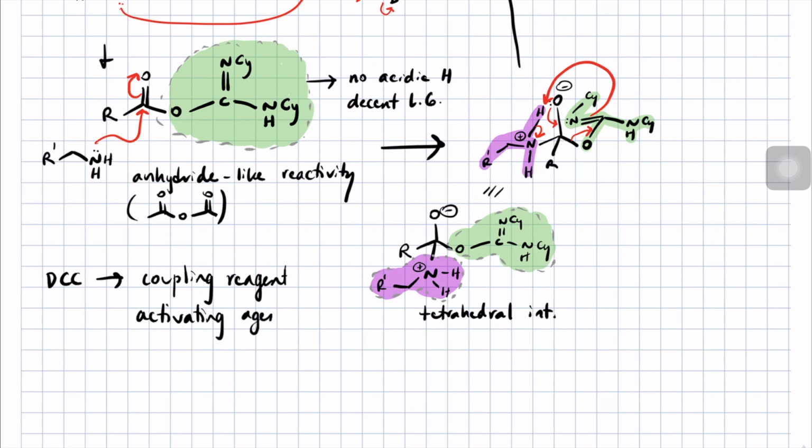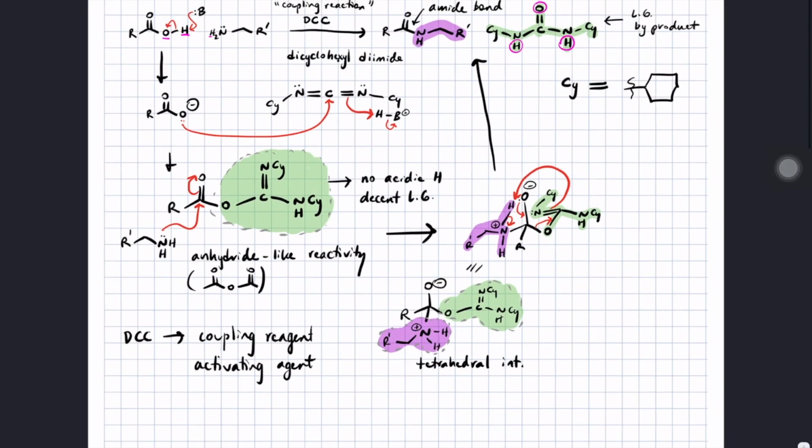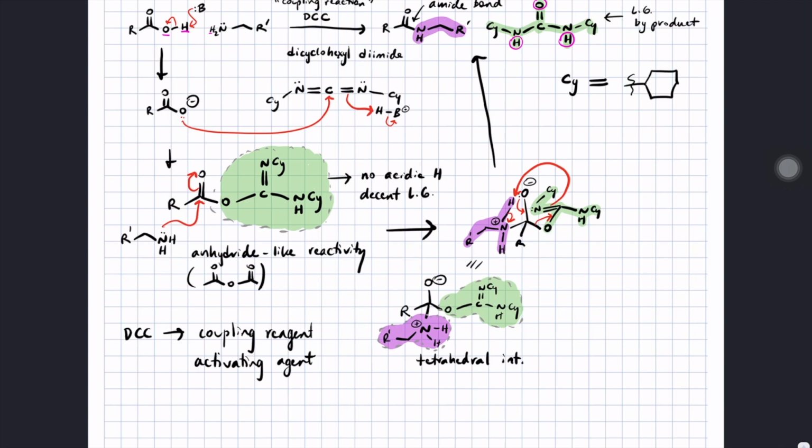It turns the carboxylic acid from something that wasn't very reactive into something that has anhydride-like reactivity, and is electrophilic enough for the amino group to attack and then give you the amide bond. This is a mild way of making amide bonds.